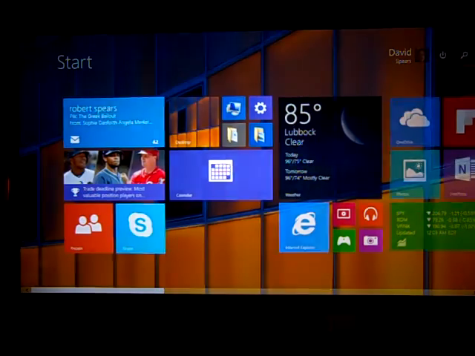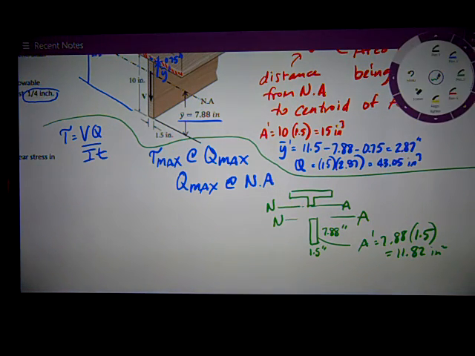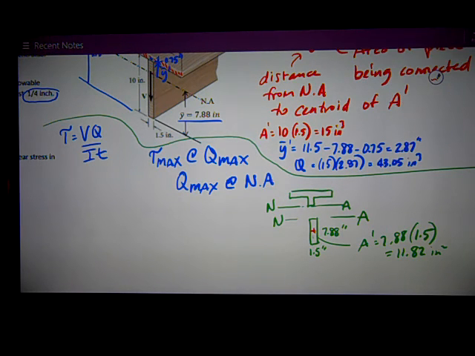And then Y bar prime is the distance from the neutral axis to the centroid of that shape. So that's just the distance right there, half of 7.88, which is 3.94 inches.